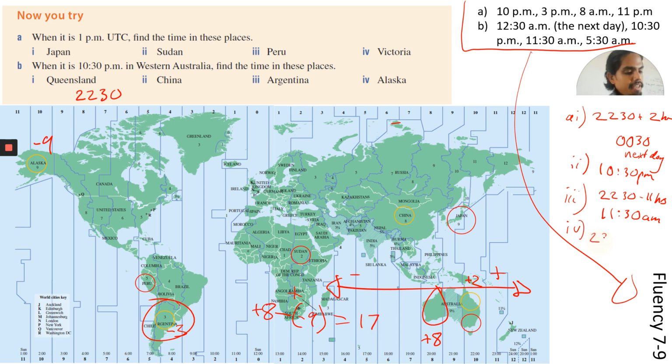So 22:30, subtract 17 hours. Note that I'm writing hours all the time down here, because 2230 subtract 17, if you just put that into your calculator, it's not going to give you the right answer. We need to think about this being 17 hours. So 22 minus 17 is 5. So we are now 5:30 a.m. in Alaska.